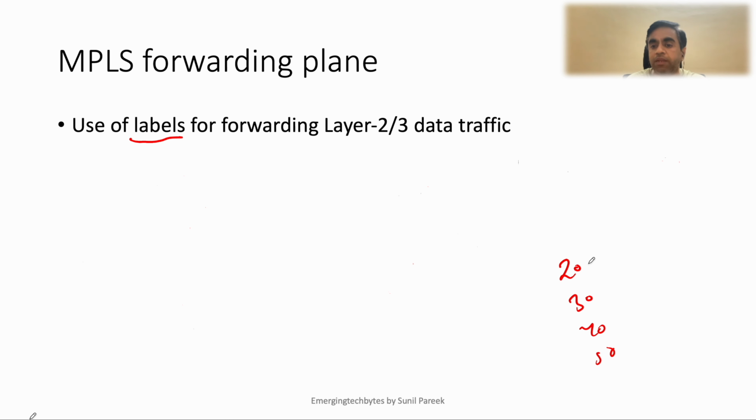The router will look at it and swap it with, let's say, some number 200, 300, like that, and forward the packet. That's it. And these packets, as I said, there was no protocol field initially. That means the payload can be layer 2, the payload can be layer 3.